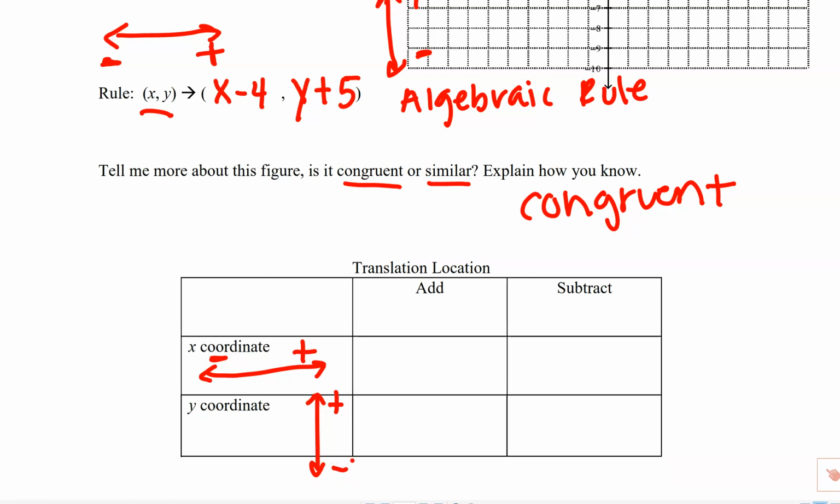If you go down, that's a negative. So for your x-coordinate, in order to add, you have to go right. In order to subtract, you have to go left. On your y-coordinate, if you have to add, you go up. And if you have to go down, that's when you subtract.